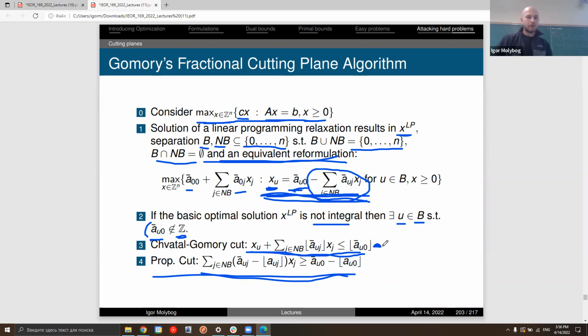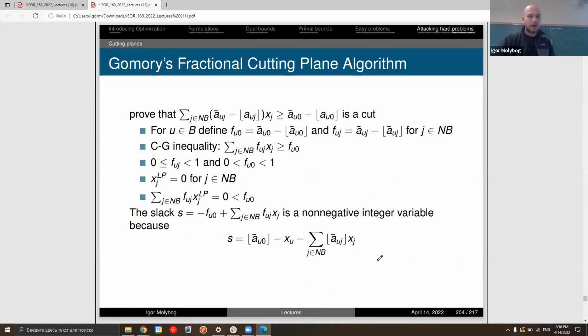So from the fact that this thing is valid, we need to show that this thing is a cut. So it's a separate kind of proposition. For u being a basic coefficient, define the following: fu0 to be this thing over here, and fuj to be this thing over here for j in NB.